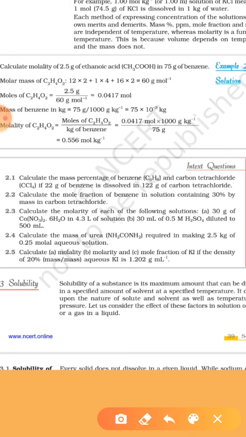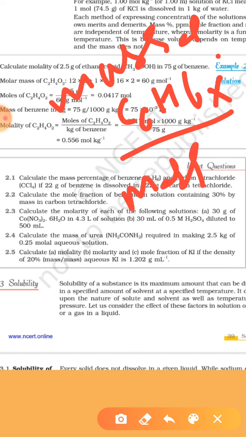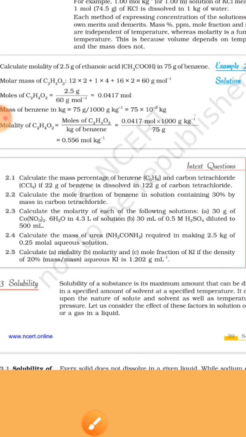We know very well mass percentage means mass of benzene, C6H6, upon total mass of solution multiplied by 100, equal to 22 upon 144 into 100, which is about 15.2. This is your first in-text question.